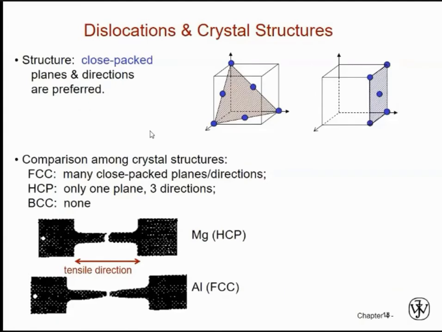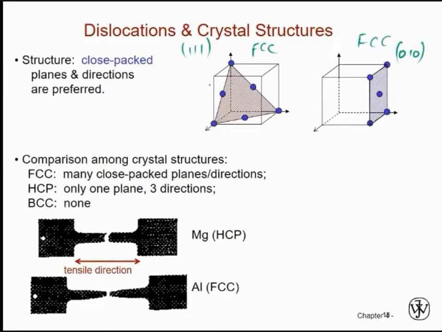So let's see here. I have drawn two FCC crystal structures. Both are FCC, but I have drawn two different planes. Which plane is this? This one is the 111 plane, and this one is the 100 plane.